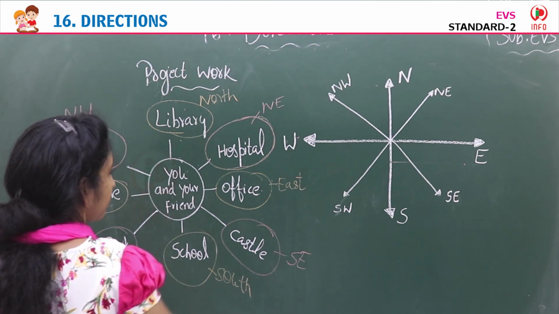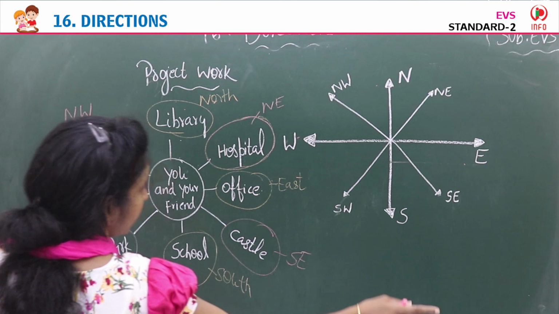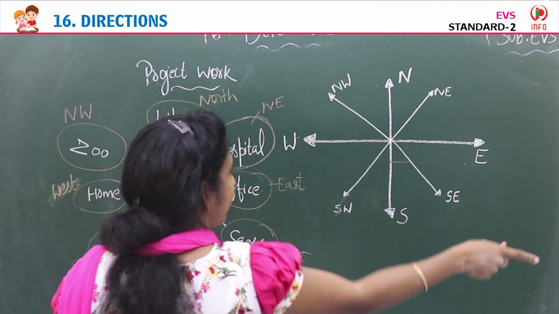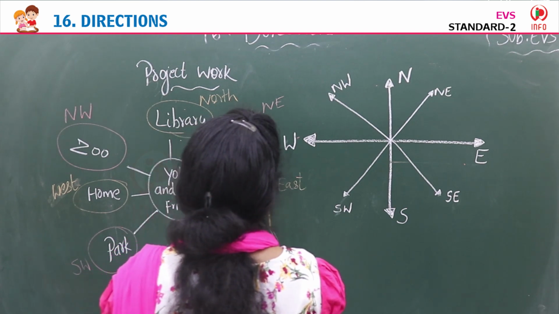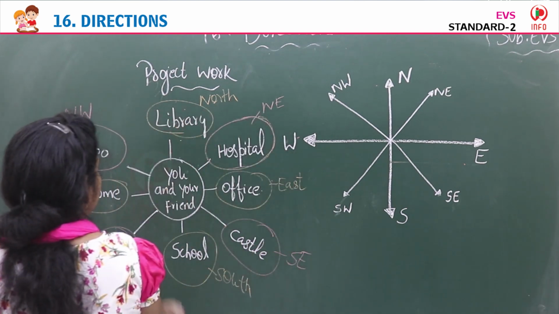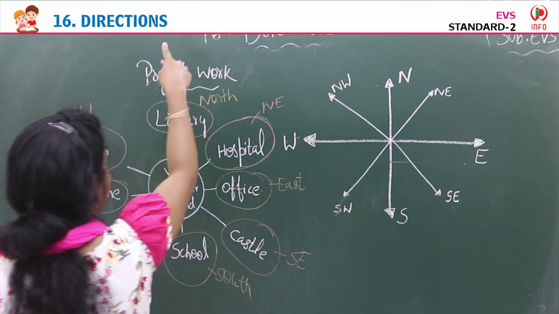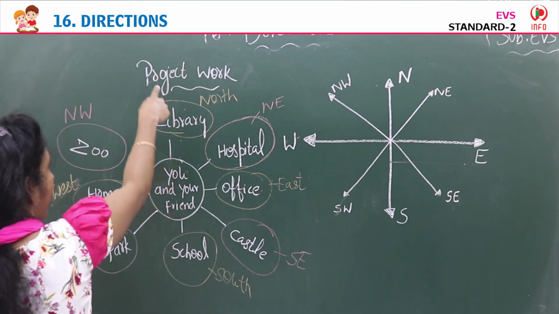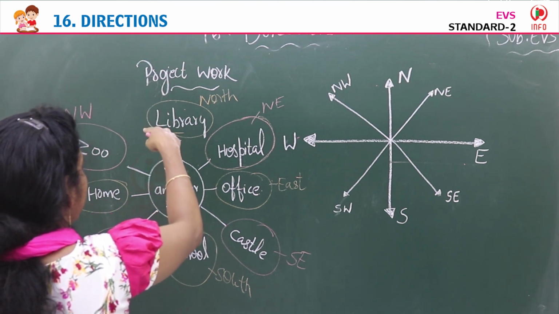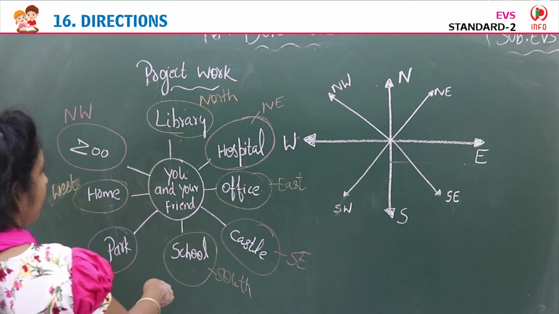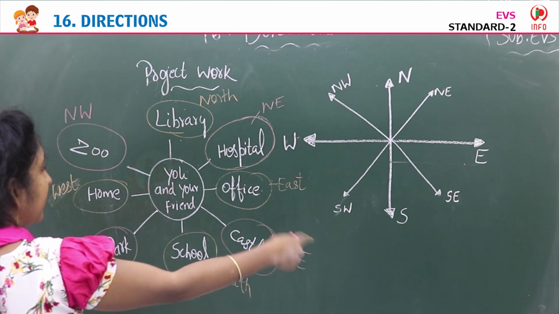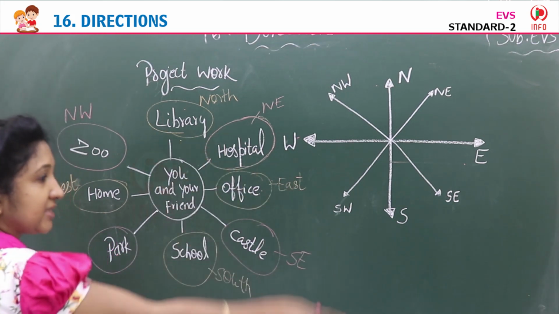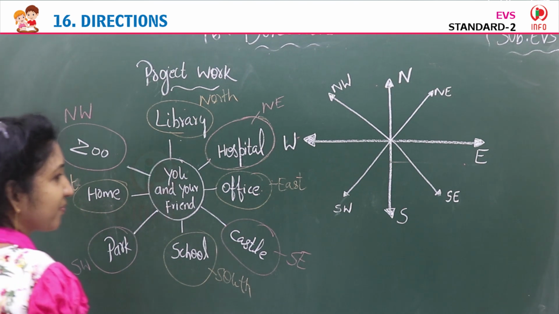North of you and your friend is the library. Your south is the school. Now see the east side. The left side is the office.